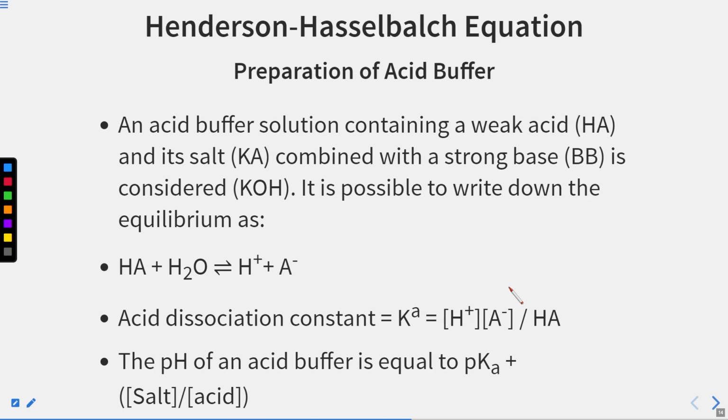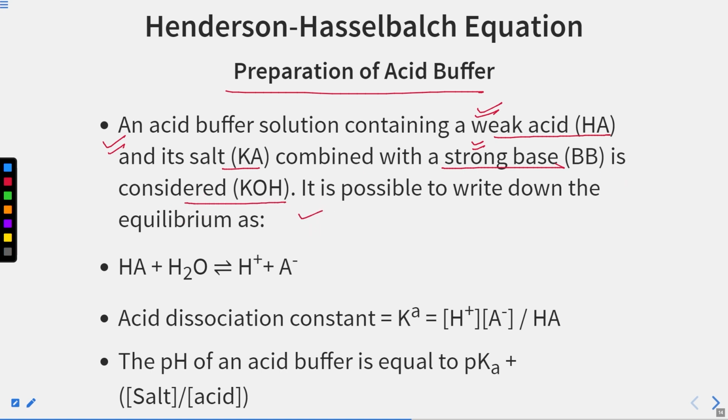So here you can see the Henderson-Hasselbalch equation, preparation of an acid buffer. Now we will talk about the preparation of the acid buffer. An acid buffer solution contains a weak acid HA and a salt KA combined with a strong base. So if you are taking the weak acid, then you have to take the strong base, considered to be KOH.